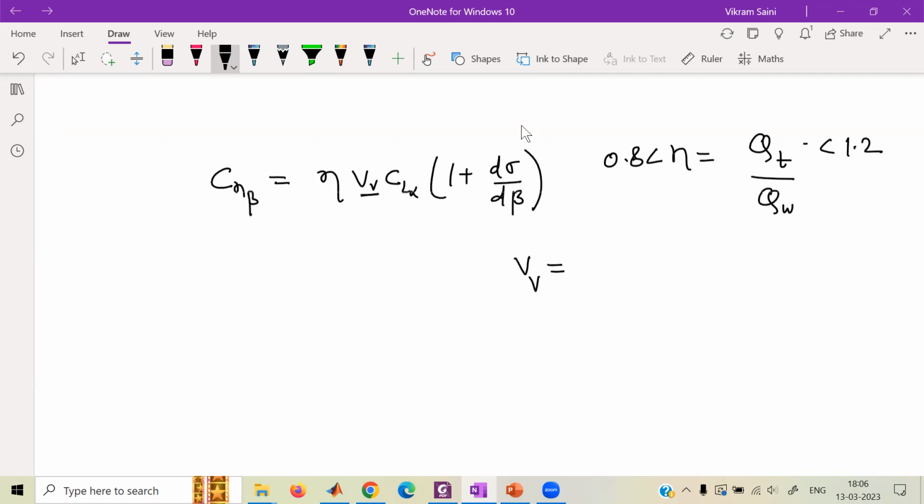So the definition is LV divided by S over B, where if you look at the side view of the airplane, so I'll show you the side view.